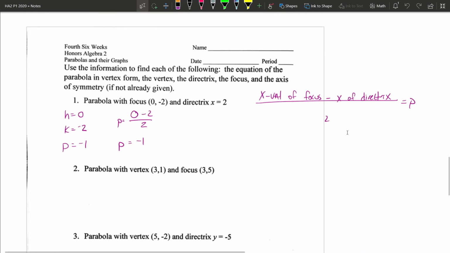Okay, so I get y minus k squared equals 4 times p, so -4 times x minus h.